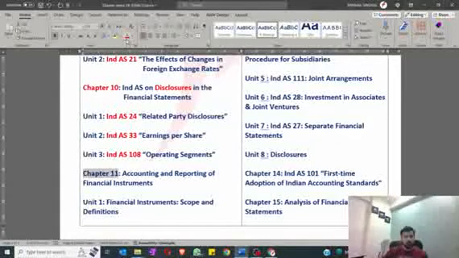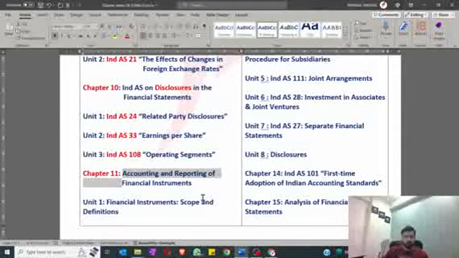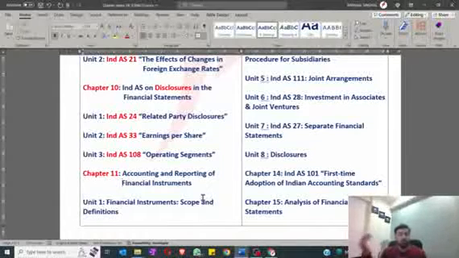Chapter 11 deals with accounting and reporting of financial instruments. I won't be boasting if I say this is the soul of financial reporting under the new regime of application of Indian accounting standards.